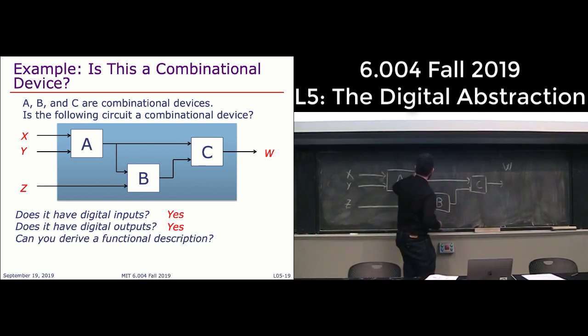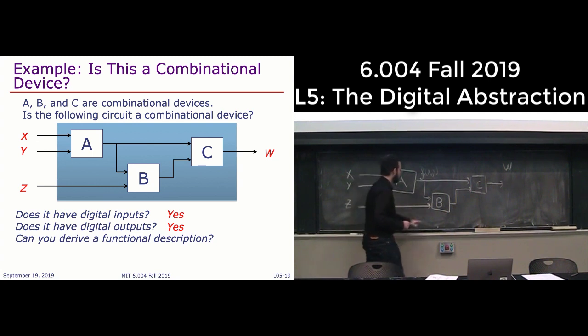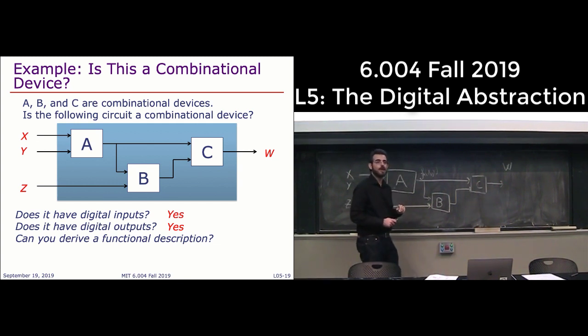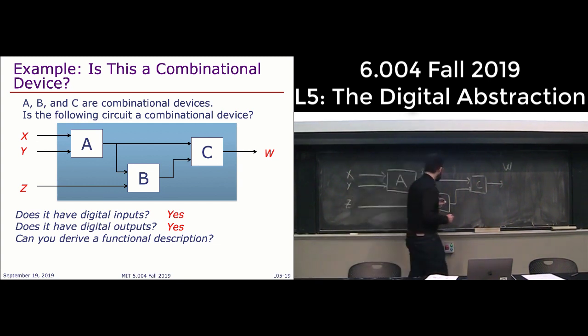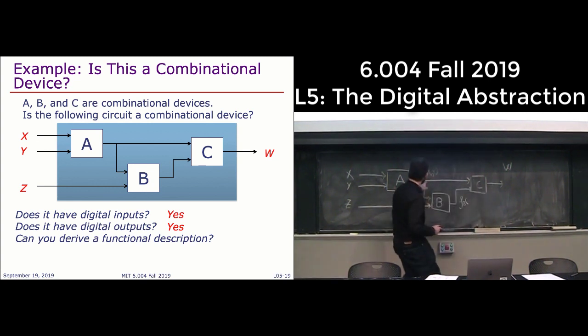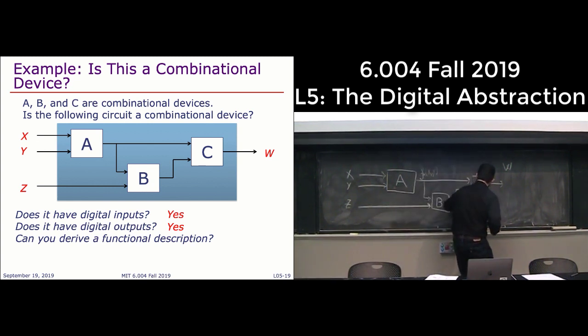We'll have some function fa that is a function of X and Y. What value do you have here? If this circuit B implements function fb, well, we'll have fb of what's this input? fa of xy, comma, c.